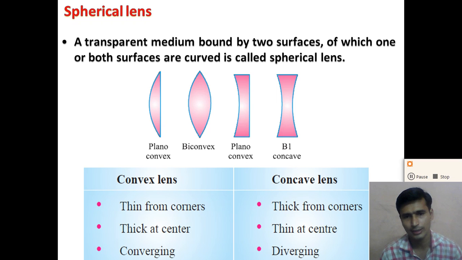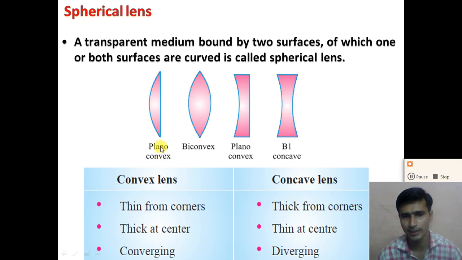Dear student, we know that in a spherical lens, one or both surfaces are curved. If one surface is curved and the other surface is a flat plane, this type of lens is called a plano-convex lens.